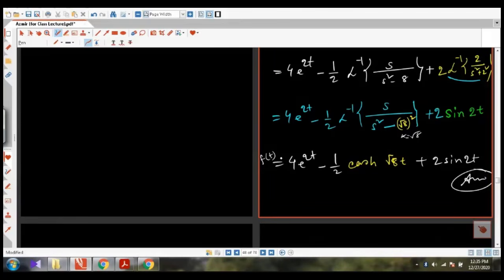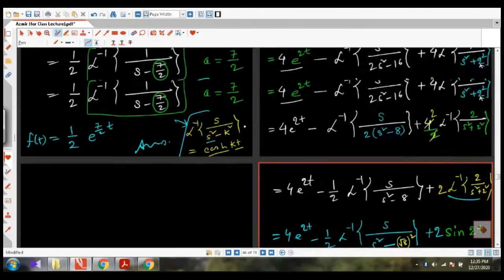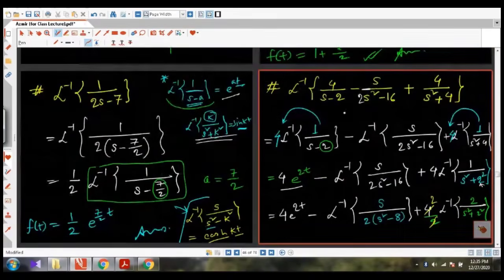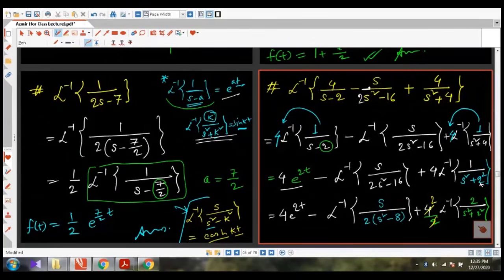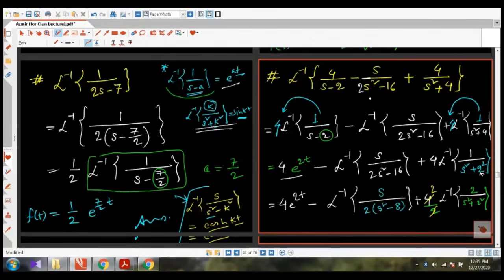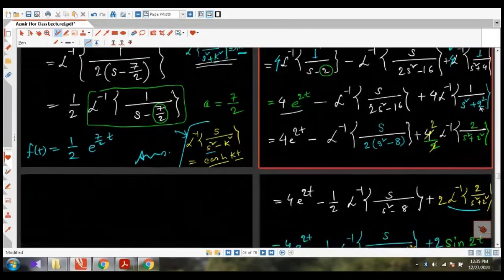So we can verify. If we now try to apply Laplace transformation here, you will get easily the main function. But whenever we are coming from inverse Laplace transformation, we have to think a lot.